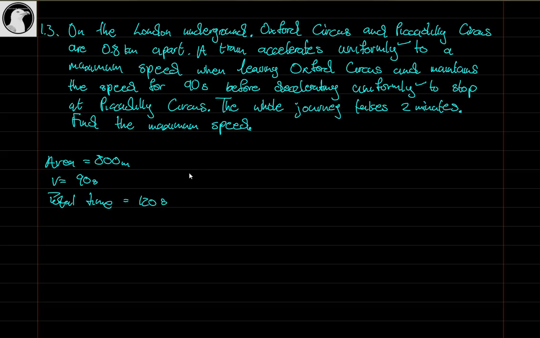So with all that information, let me try to draw us a graph. It's going to go like this. This is our vertical axis, which is the speed, in meters per second.